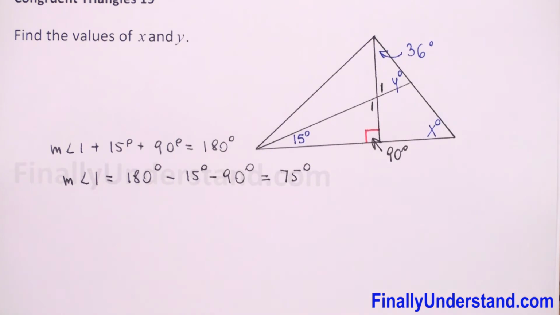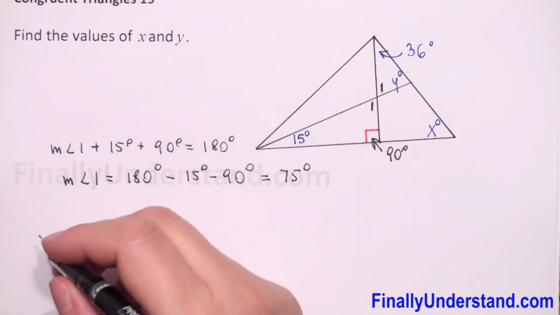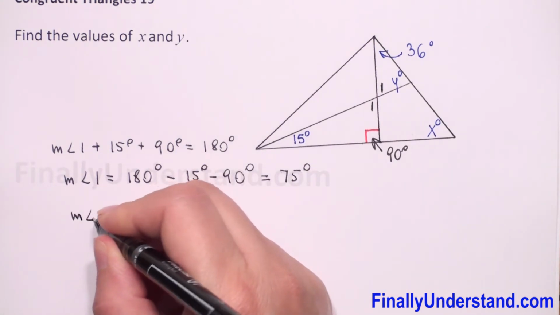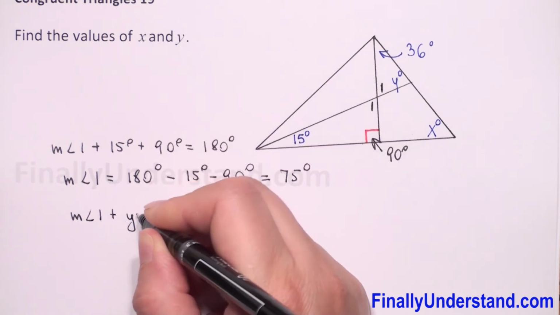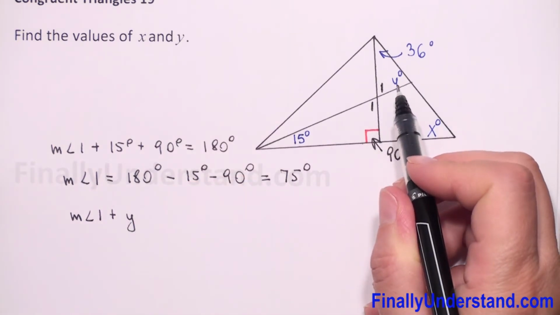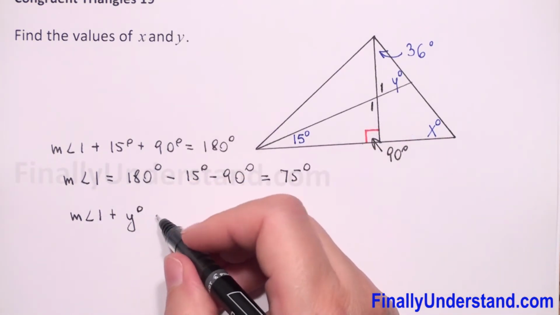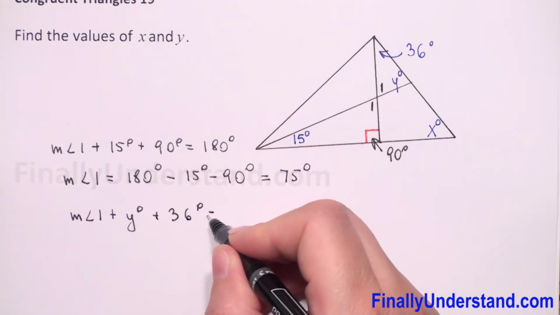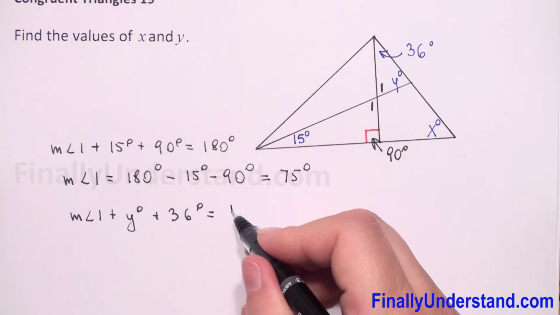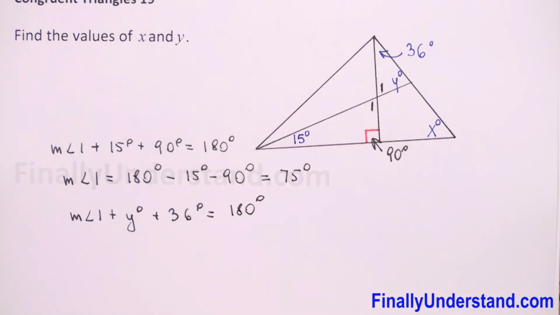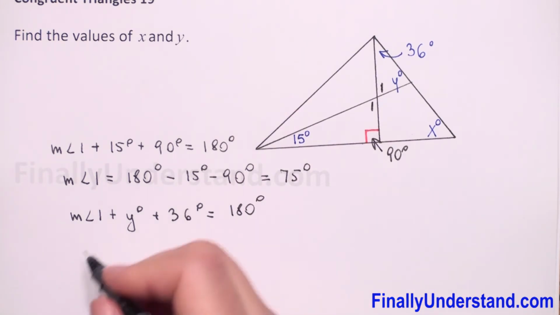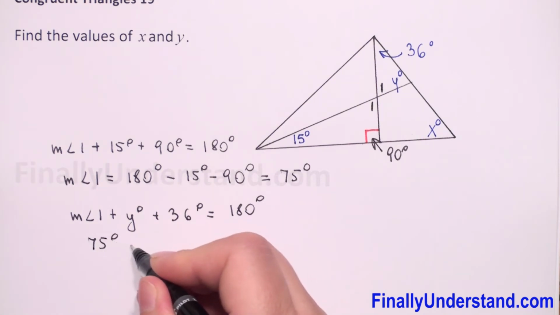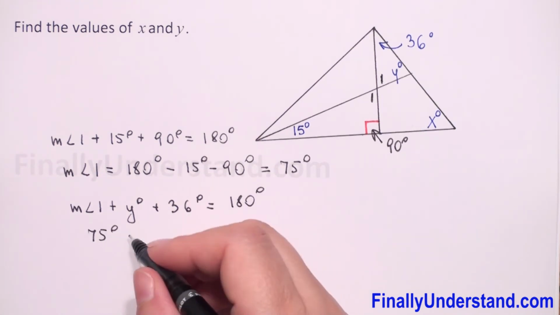So again, we will have that the measure of angle 1 plus y degrees, the measure of angle y, plus 36 degrees is equal to 180 degrees. The measure of angle 1 is 75 degrees. So we have to copy the rest.